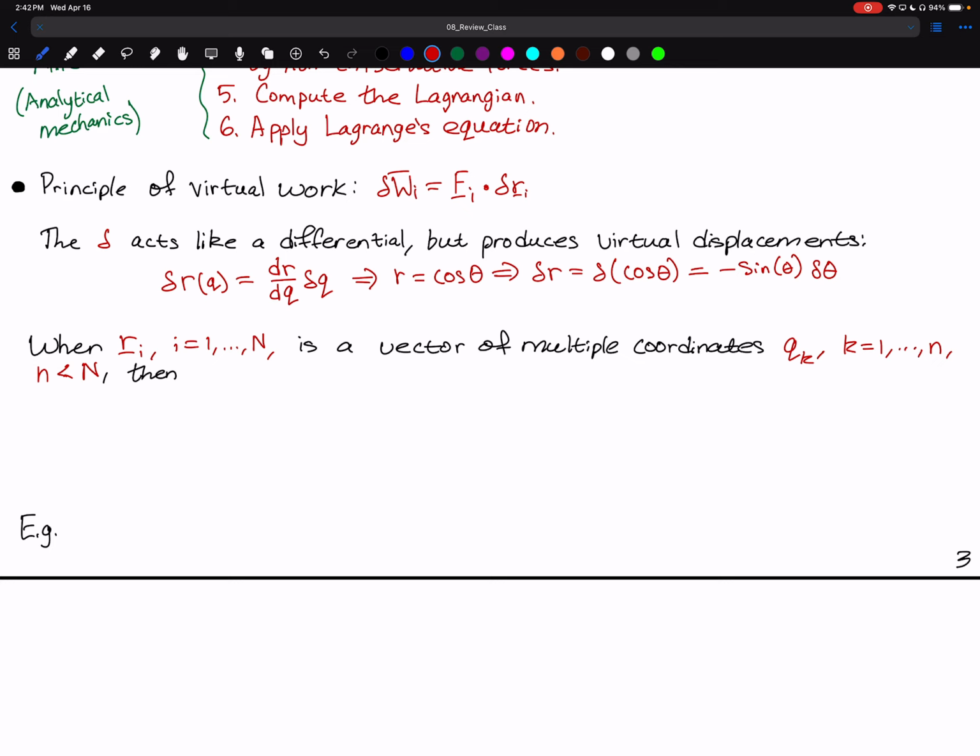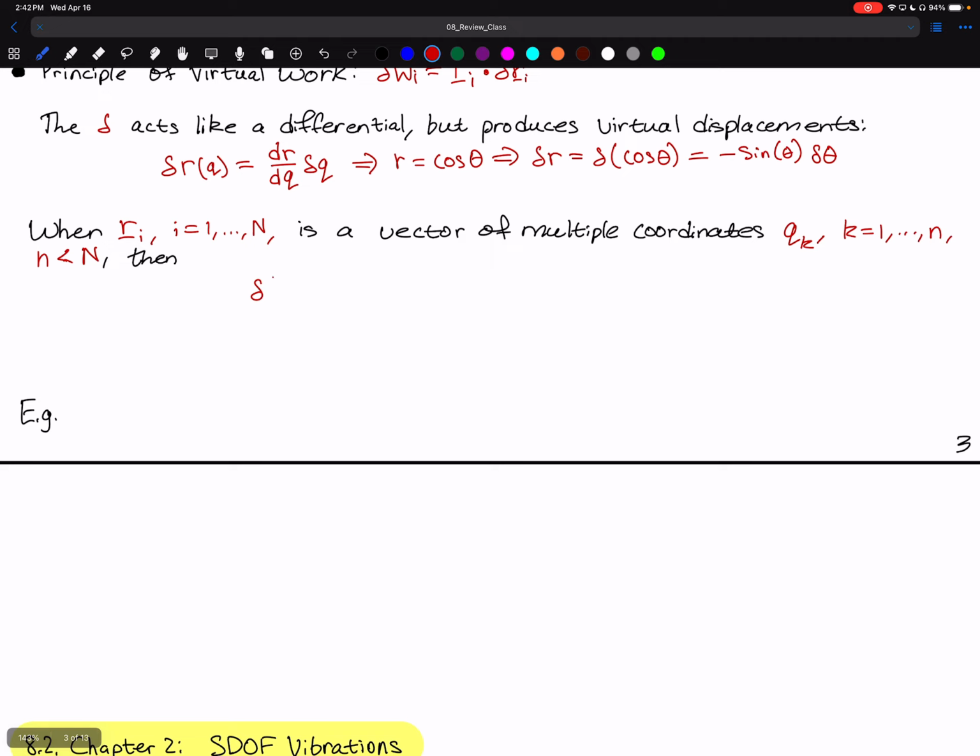So if our position vectors are functions of multiple coordinates, let's say q sub k, from k equals 1 to lowercase n, and there are going to be capital N position vectors, then we will find that the virtual work, delta W, and this is the total virtual work, not just an individual one, is then going to be the summation across the coordinates, so from k equals 1 to little n, applied to the summation across the forces of i, so i equals 1 to capital N, of the quantity, the force F sub i, dotted with the partial of r sub i with respect to the partial q sub k, that multiplied by delta q k.